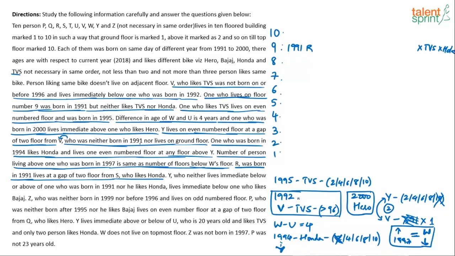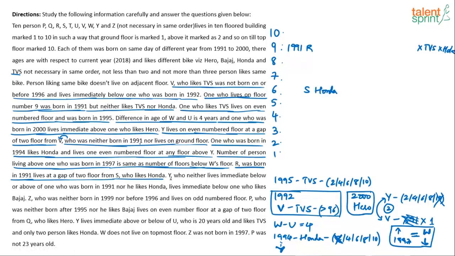If R lives at a gap of 2 floors from S, obviously S cannot be above R because there is only 1 floor available above R. So S should be below R. So 1, 2, S will come on 6th floor. There is a gap of 2 floors between R and S. Who likes Honda? S likes Honda.